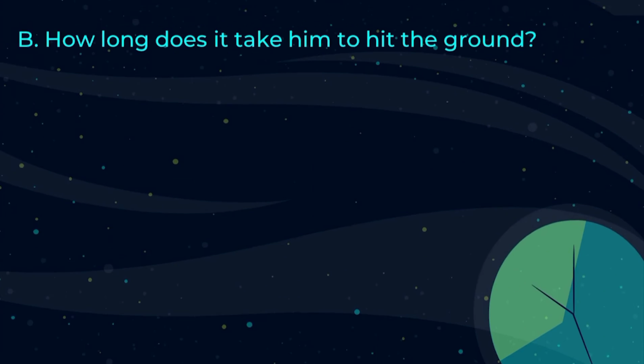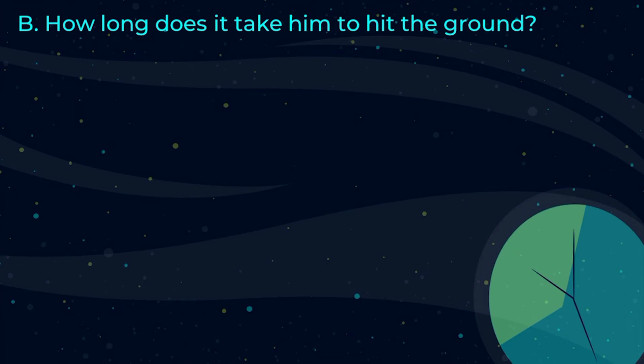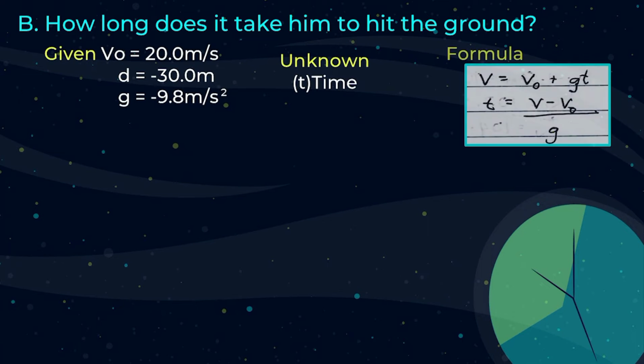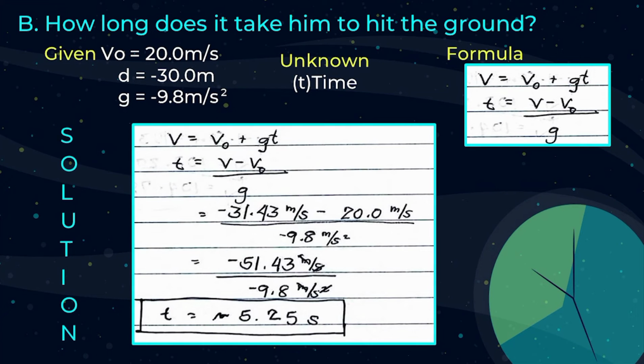For the second question, we will find the time it takes him to hit the ground. The unknown for this question is time. The formula is velocity is equal to initial velocity plus gravity multiplied by time, then we derive a new formula: time is equal to final velocity minus initial velocity over gravity. Then we place the givens.